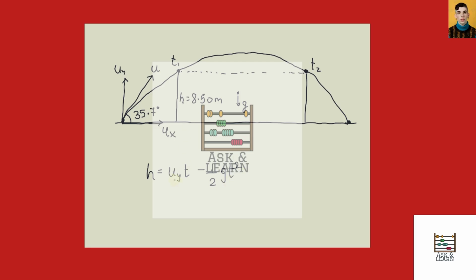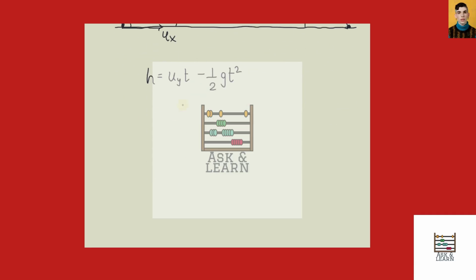And uy means the y component of velocity, because that is responsible for taking it to this height. ux is responsible for the horizontal motion, while uy is responsible for the vertical motion. So that is why we have taken this.